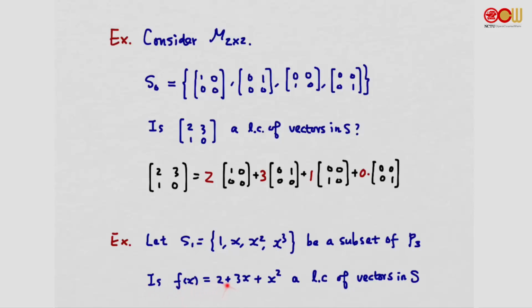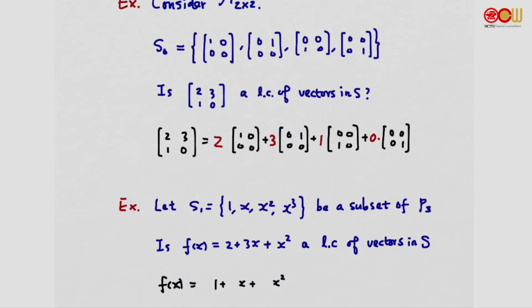Is this polynomial a linear combination of the vectors in S1? Let's try this. We can write it as 2 times 1, and then 3 times x, and 1 times x squared. So that's it. It's indeed a linear combination of the vectors in S1.